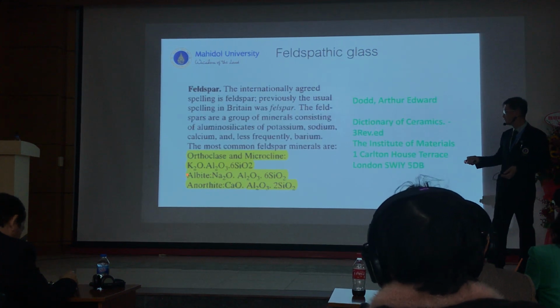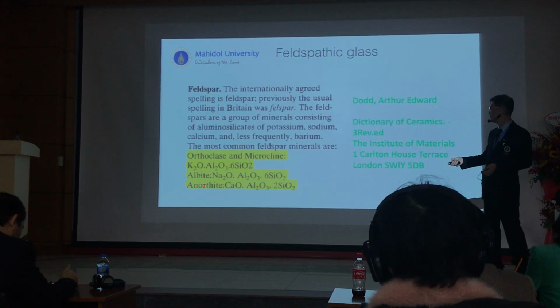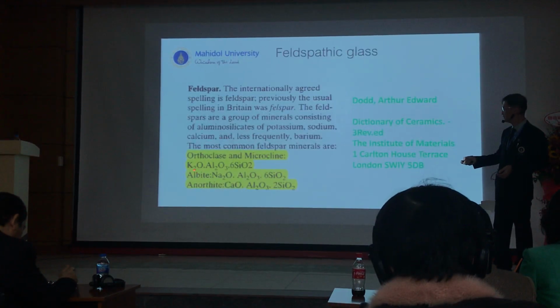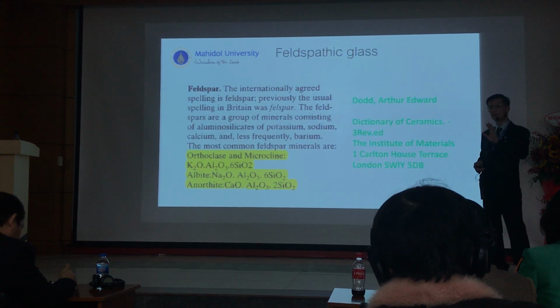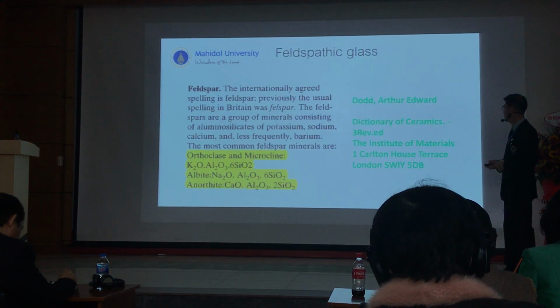The difference is just the oxide at the beginning, maybe of potassium, sodium or calcium. Feldspathic porcelain belongs to the aluminum silicate glass group, and this group of material is very clear. That's why we put it as a veneer on the structure, on the metal or on the zirconia, to make it beautiful.